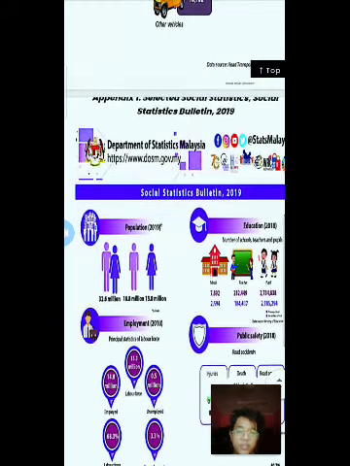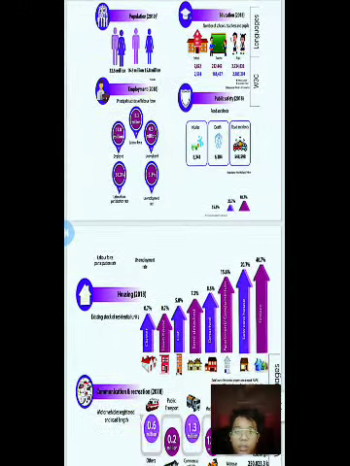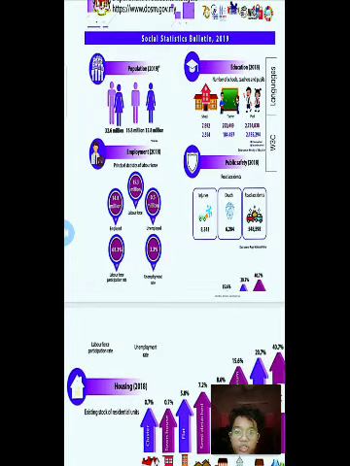Okay, the next one is from the Department of Statistics Malaysia, the Social Statistics Bulletin 2019. This is the population in 2019. You can see the total population in Malaysia is almost 33 million people.